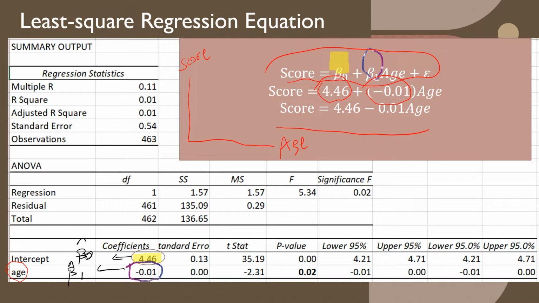We have a downward sloping line, and the line will be something like that, where intercept will be 4.46, and slope of this line is going to be equal to minus 0.01.